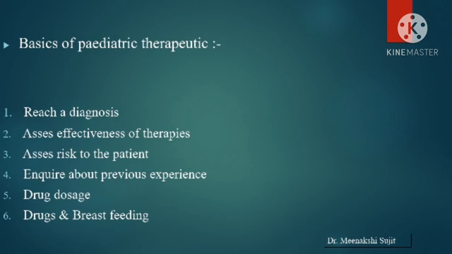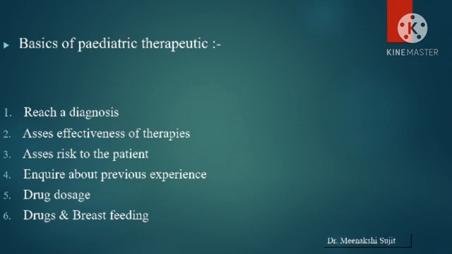Reach a diagnosis, assess effectiveness of therapies, assess risk to the patient, inquire about previous experience, drug dosage, drugs and breastfeeding. If you keep these 6 points accurately in your mind, then you can 100% cure the disease in children, not only in children but in elders also.